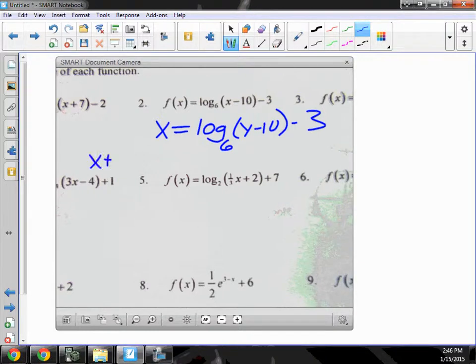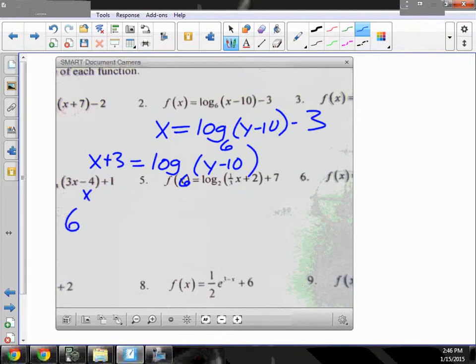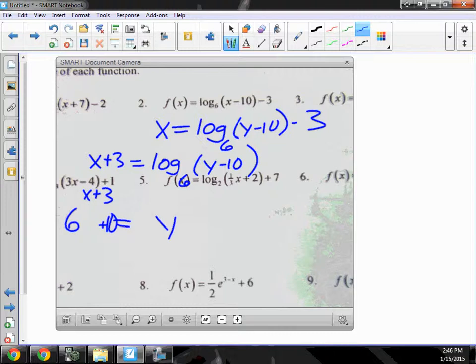So x plus 3 equals log base 6 of y minus 10. Now convert to exponent. 6 to the x plus 3 equals y minus 10. So I'm going to add that 10. So y is 6 to the x plus 3 plus 10. So that's not bad.